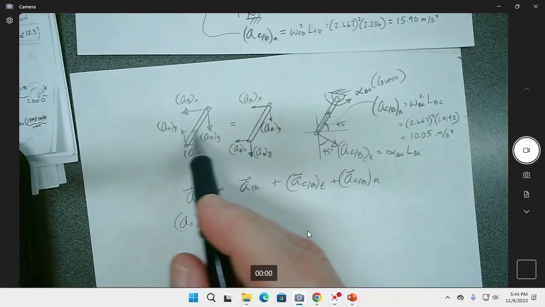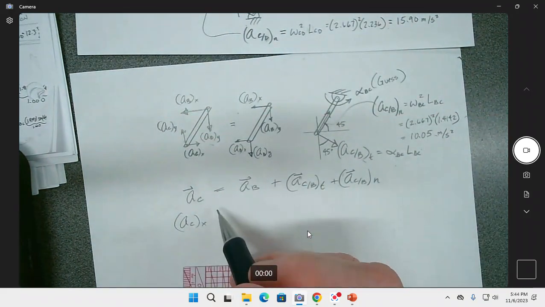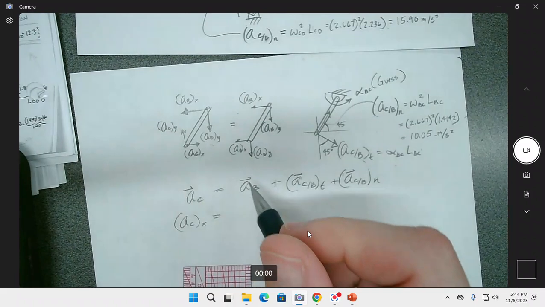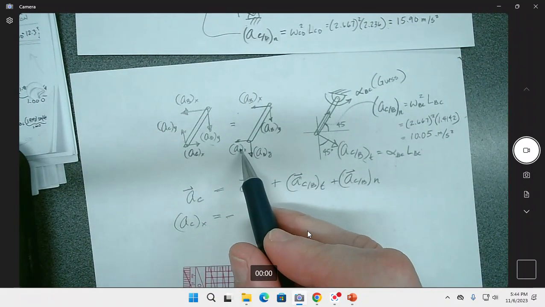So our problem is we can't solve these directly straight out. We have to kind of play a little bit of a game. It's going to be equal to negative this guy right here, which we found out to be 32.